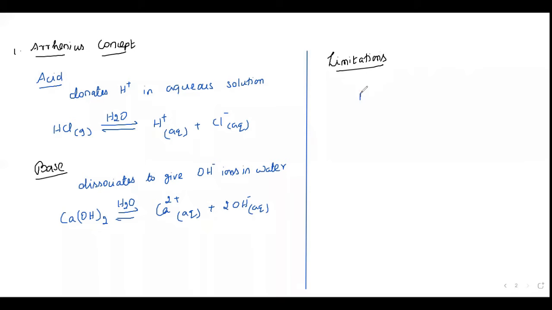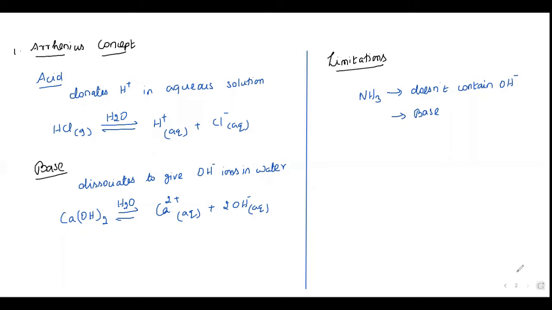Ammonia is a basic compound, but it does not contain any OH minus. However, that is a base. So as per Arrhenius concept, ammonia should not be a base, but ammonia is a basic compound. This is one of the limitations of the Arrhenius concept.